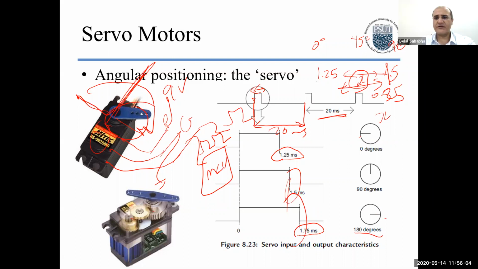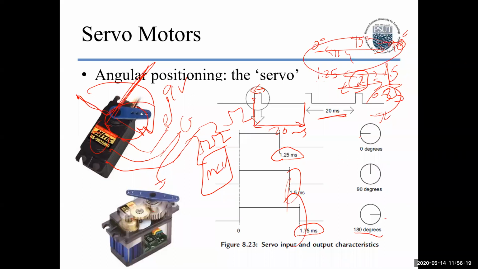Yeah, you can do this math. You can do it either this way or here. The 45 degrees are 1.25, and you can figure out each degree, right? The 0.25 divide them by 90, right? You know every degree is how much, and add it to this 1.25, and so on.